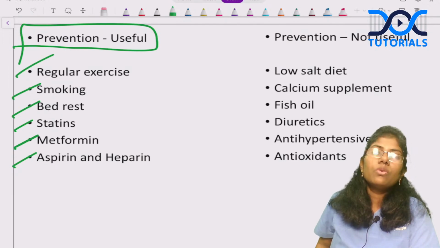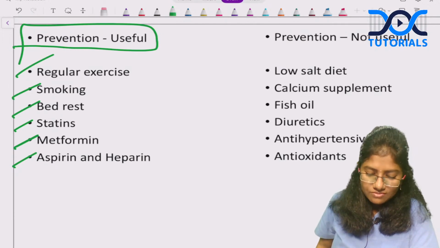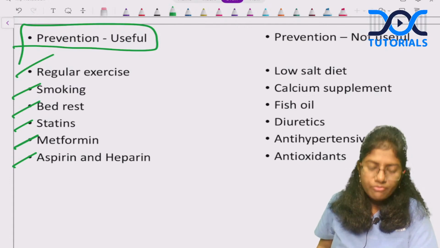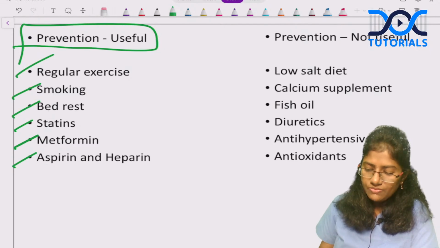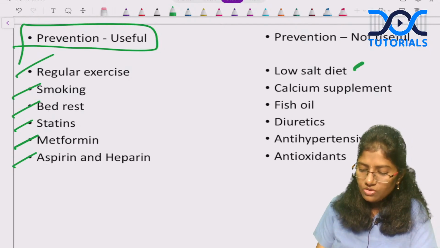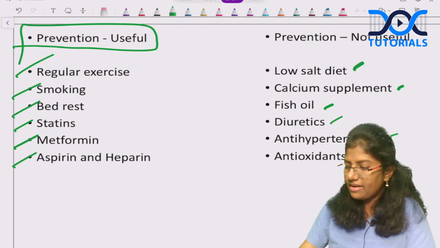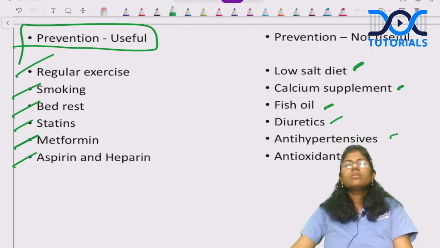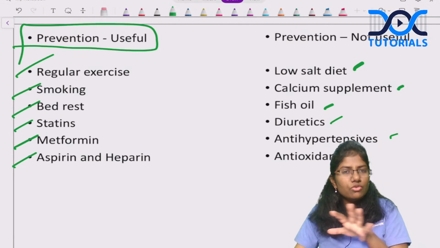Okay, so you can ask all pregnant women to smoke. What are not useful? Low salt diet, calcium supplement, fish oil, diuretics, antihypertensives and antioxidants.